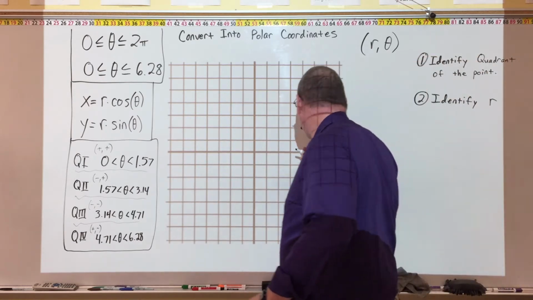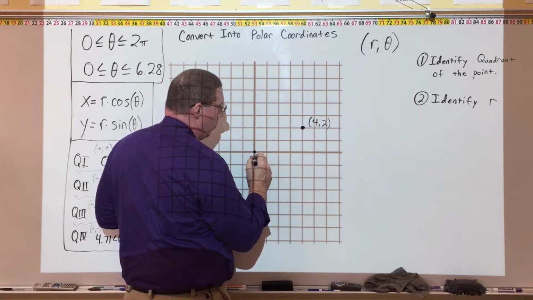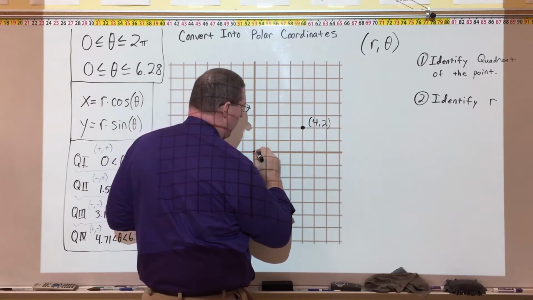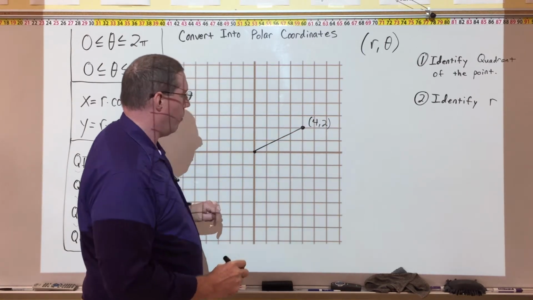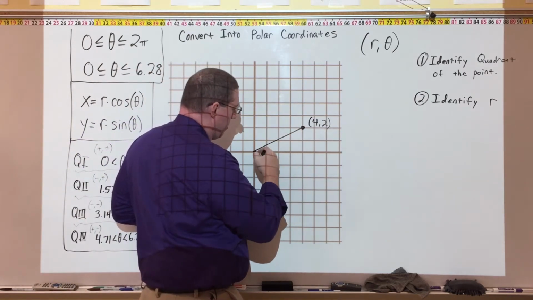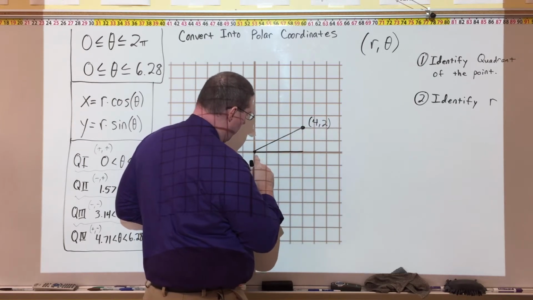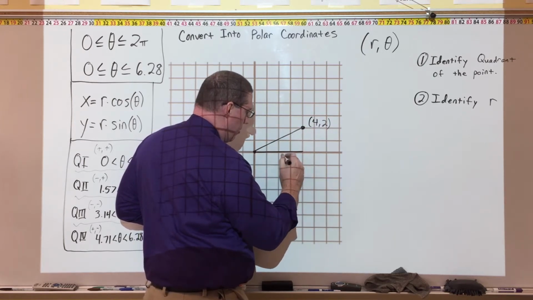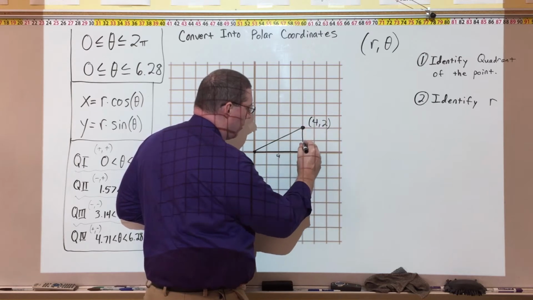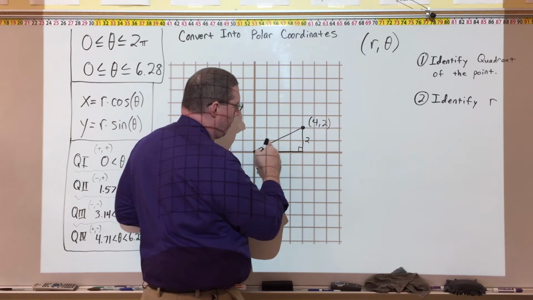Well, do you remember me saying that the radius is the distance from the origin to the point, the straight line distance from the origin to the point? And here's what I need to tell you: that is basically the hypotenuse of a right triangle. Because if we draw our x distance here, that's 4, and our y distance here, that's 2, we now have a right triangle with a hypotenuse.